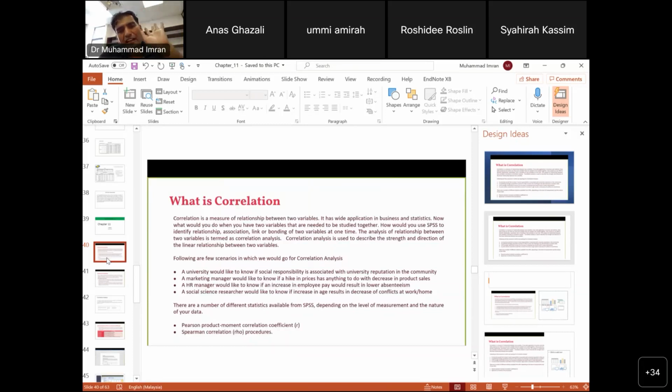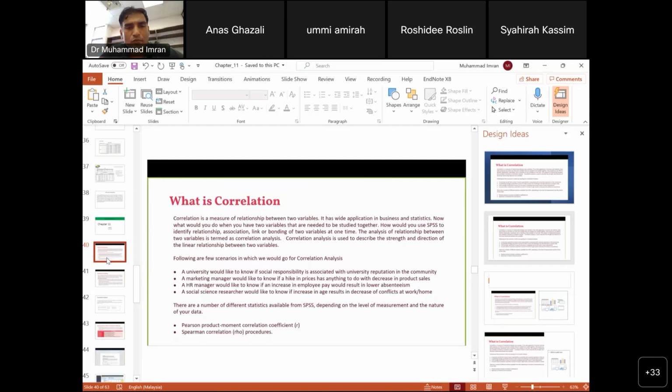No need to say IV and DV, all are just variables. Don't remember about the IV and DV. We are not going to check the causal relationship, I mean how the IV impacts the DV. That one we can do in regression. Here we can check the relationships between two variables only.